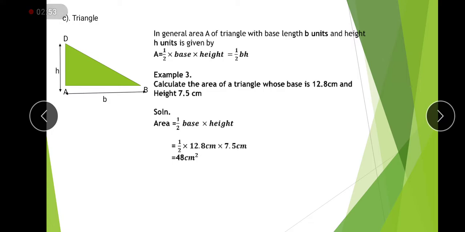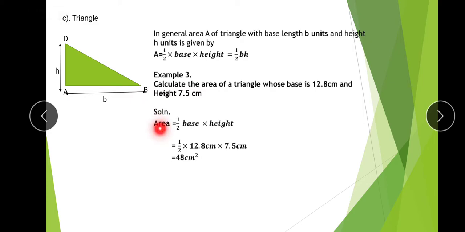Next, we go to triangle. You know that area of a triangle is given by half base length multiplied by height. Therefore, let's go to example. Calculate the area of a triangle whose base is 12.8 centimeter and height is 7.5 centimeter.